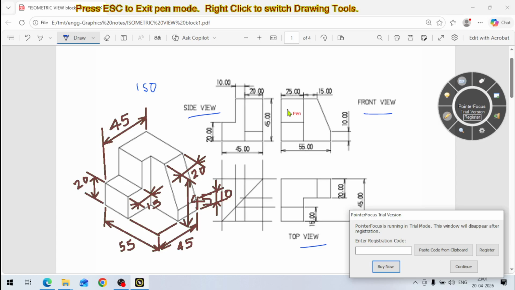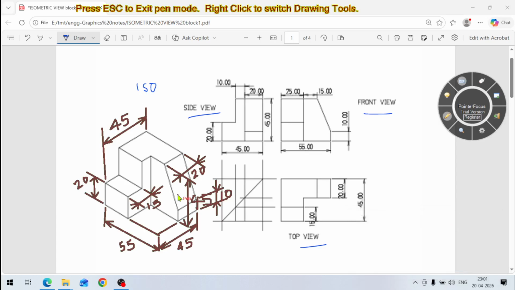This step is, if you see here, 25 mm. So you can give the 25 mm dimension. One vertical line I have to draw here. If I draw one vertical line like this from this point, and I draw a line from here like this, how much is this step?